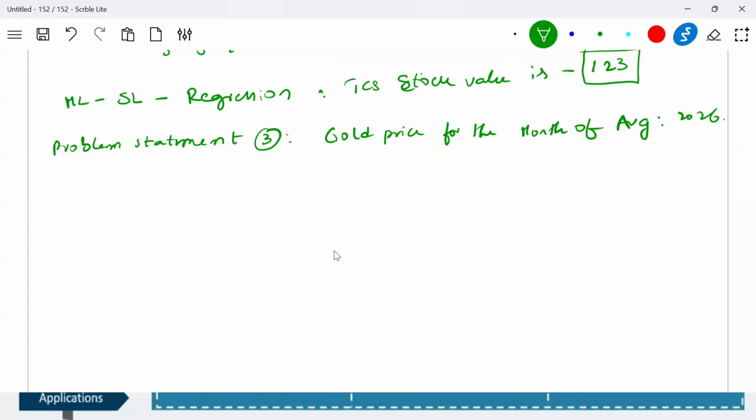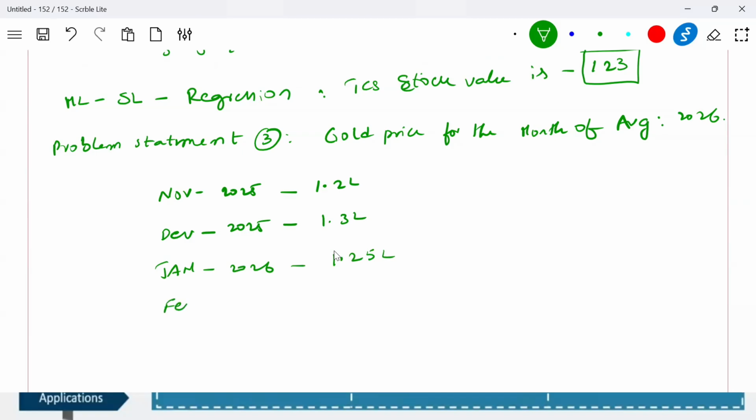I had taken the November 2025 gold price, which is around 1.2 lakhs. December 2025 gold price of 10 grams as 1.3 lakhs. Then January 2026 gold price is around 1.25 lakhs.